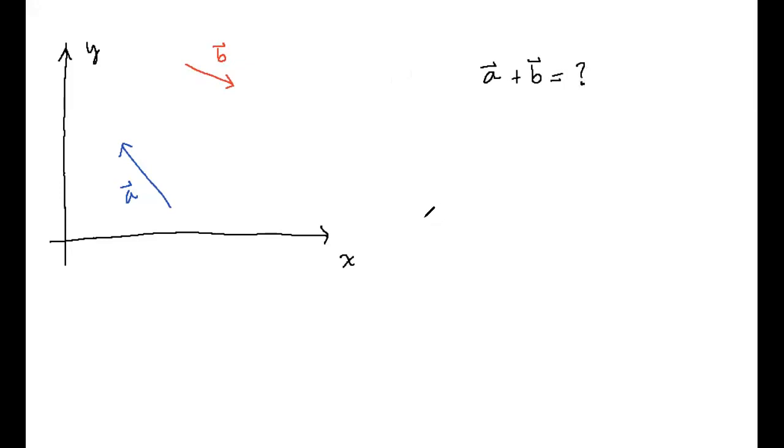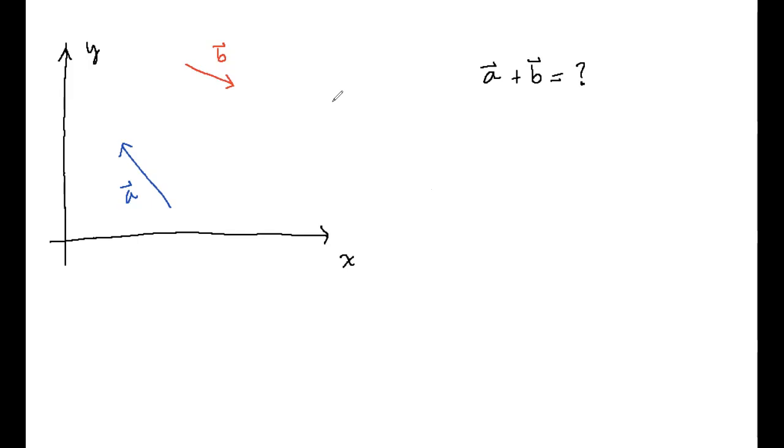Remember, vectors are similar to scalars in the sense that when you add 2 vectors together, you get another vector, just like how if you add 2 scalars together, you get another scalar. What I'm going to show you now is the graphical method that you would use to add vectors.